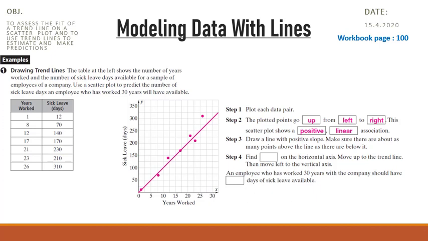Okay, Mujtaba. Which number? 30 years, right? Yes. It will be 300. Great. So 30 is associated with 300. So the number of days is 300 days. Great. Thank you, Mujtaba.